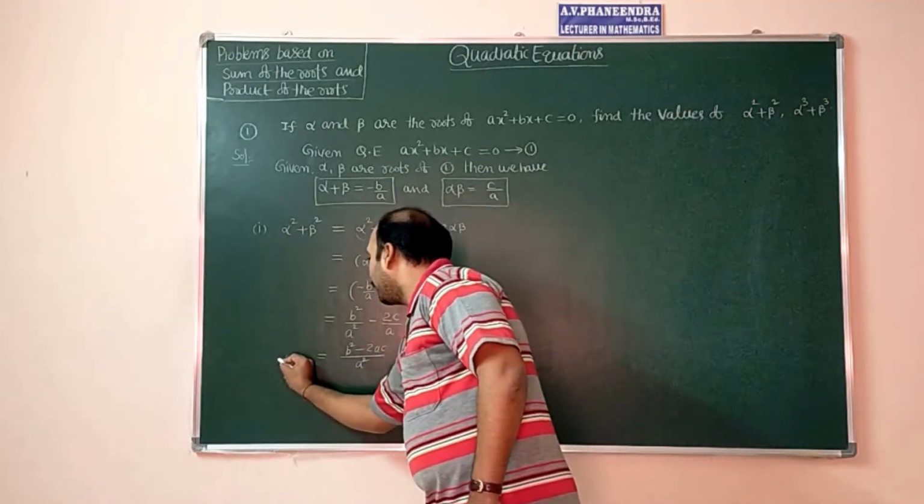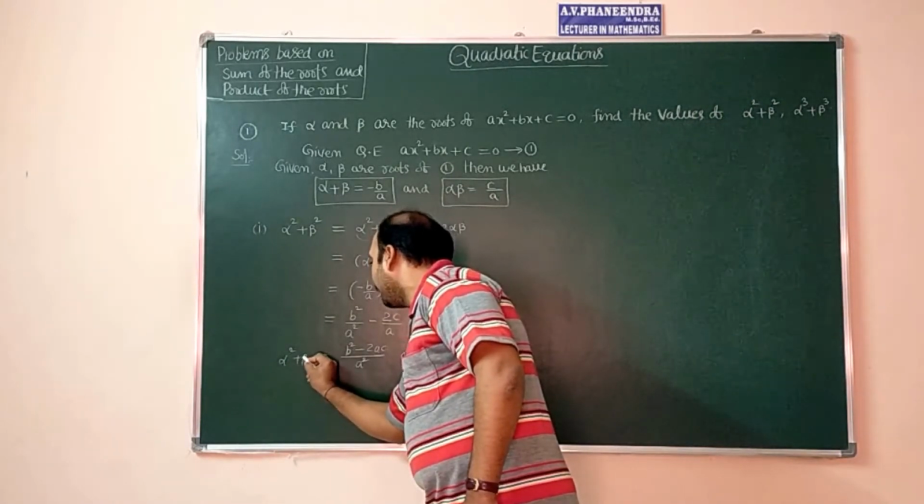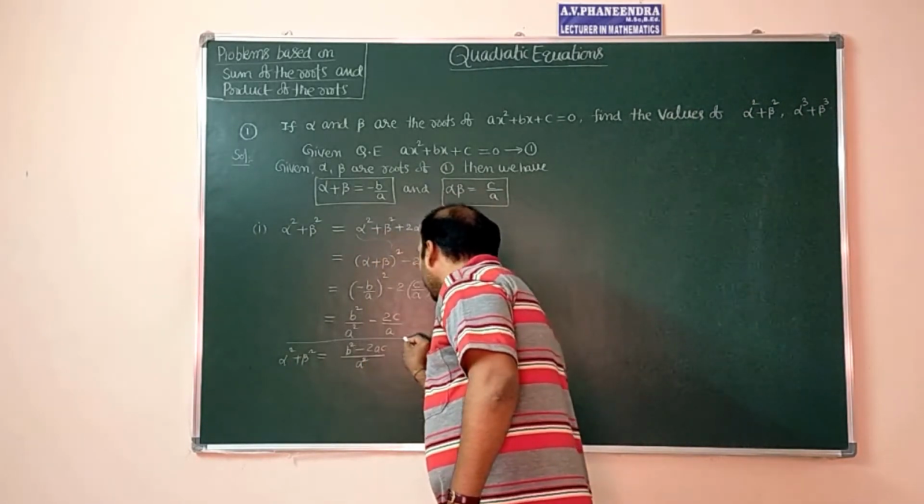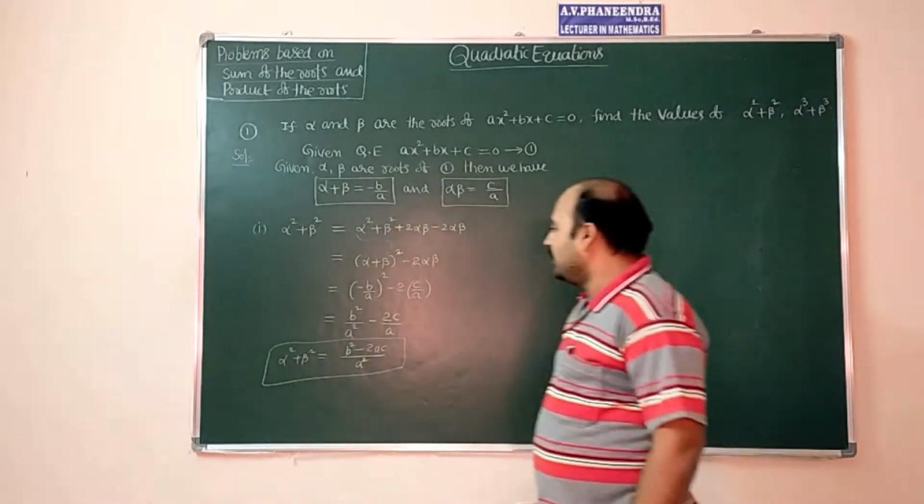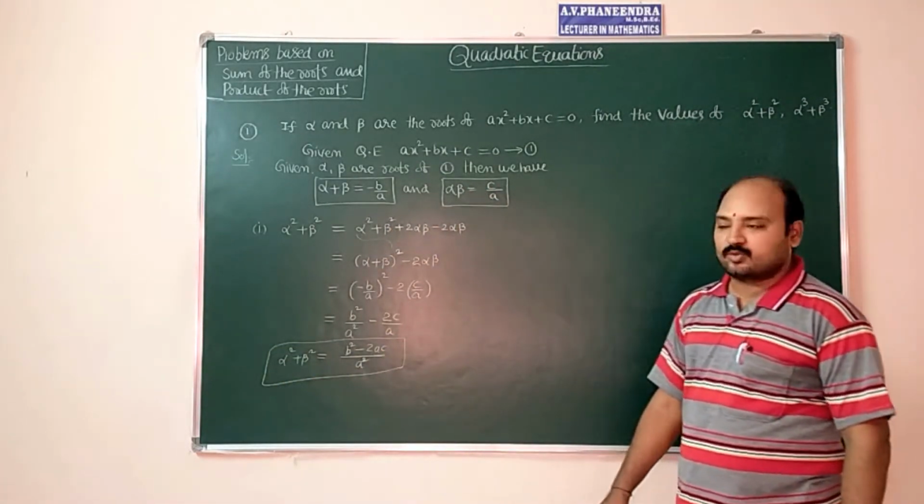Therefore, the value of alpha square plus beta square is equal to b square minus 2ac by a square.